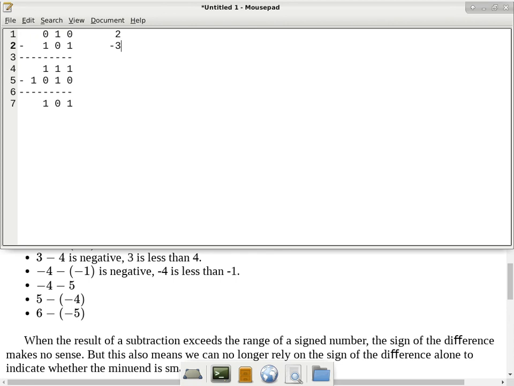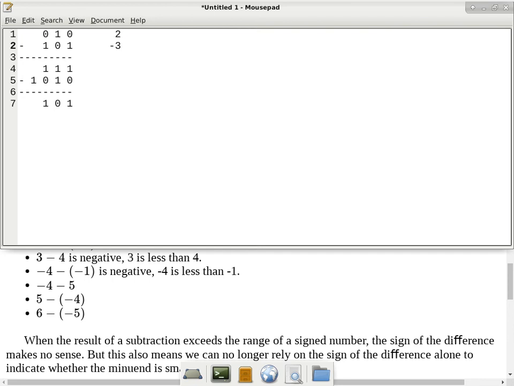If you look at 1, 0, 1, tell me again what is 1, 0, 1 representing in a signed interpretation? Negative 3, right? So 2 minus negative 3, what should it be? It should be 5, right? 2 minus negative 3 should be 5, and yet it gives me negative 3. Why?